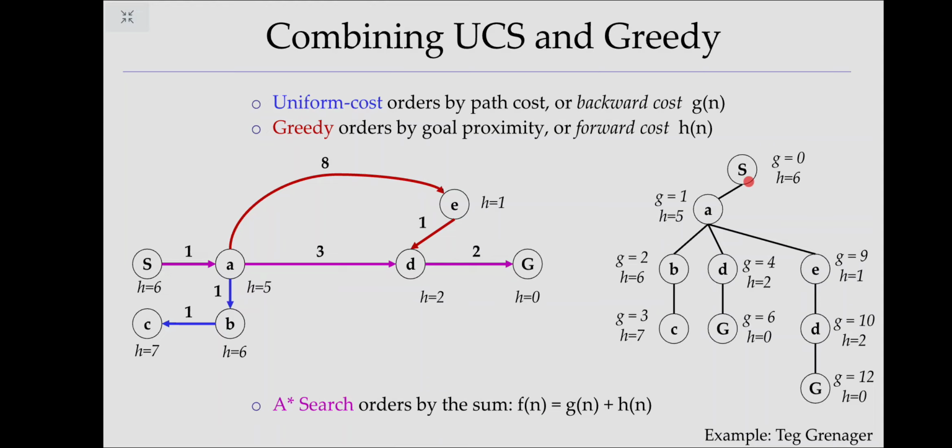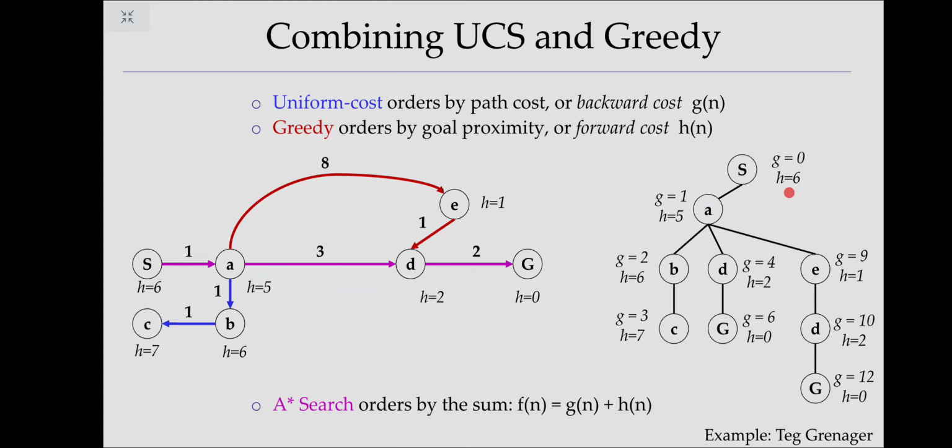For example, we start from S. All of the heuristics are given before starting. For any node, we define an object, and in the object, the values of G, H, and F can be saved.